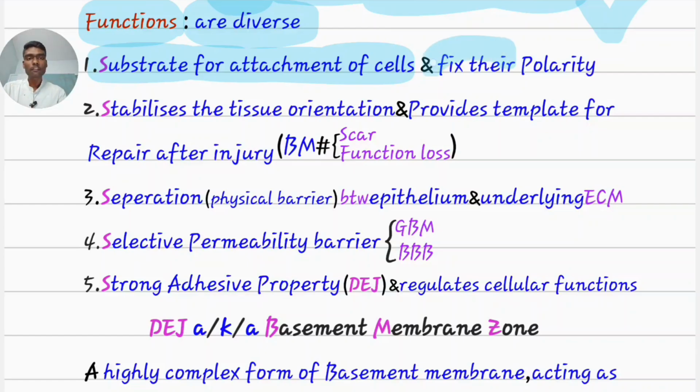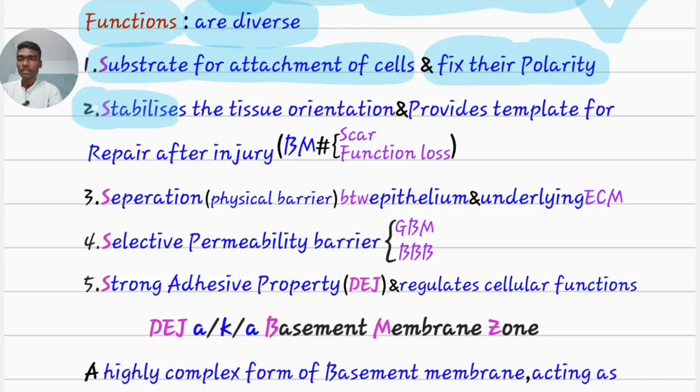It also fixes their polarity. That means the side of the cell which is attached to the basement membrane forms the basal end, and the end which is exactly opposite to it and free forms the apical end. Like this, the basement membrane fixes the polarity of either epithelial or endothelial cells.